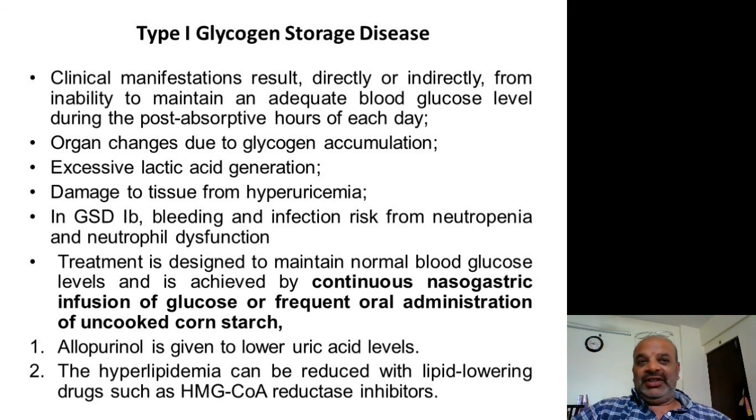All of these conditions, one thing is common, that your phosphate gets trapped. And when you have a trapped phosphate, you are not going to generate sufficient amount of ATPs. And when ATPs are not being formed, automatically you will see that your purine catabolism increases, and that leads to generation of excess amount of uric acid in your system, and that is why you have hyperuricemia in these cases.